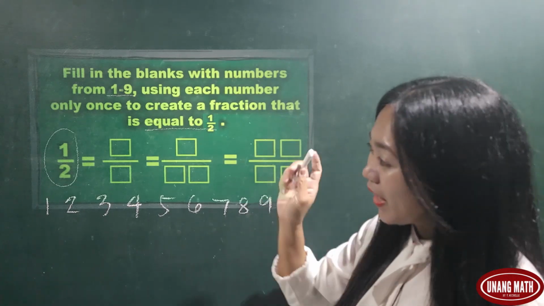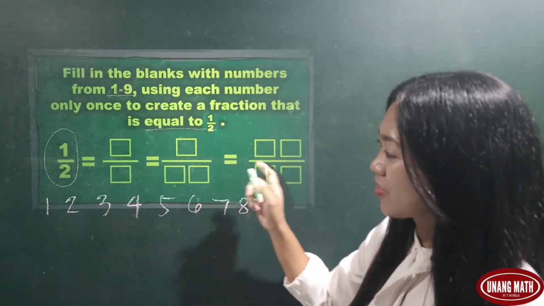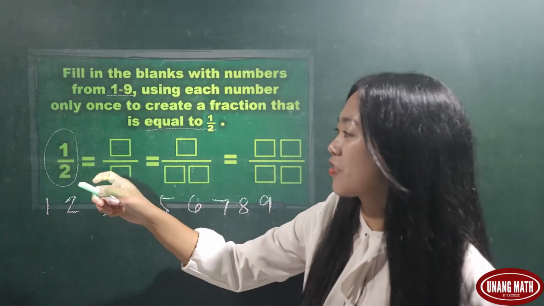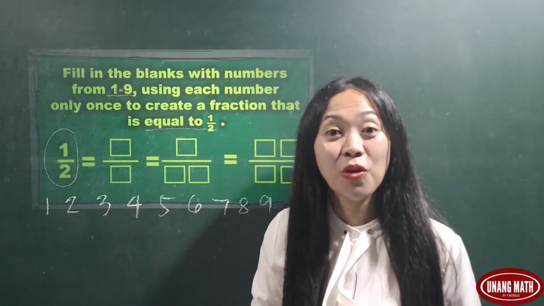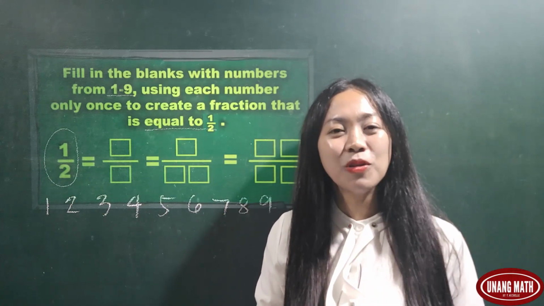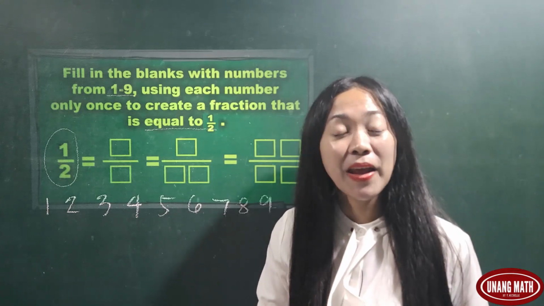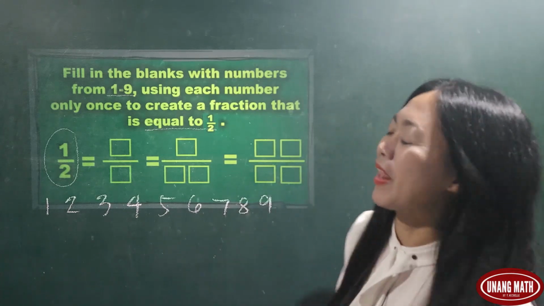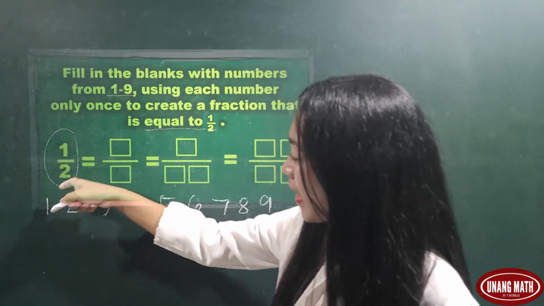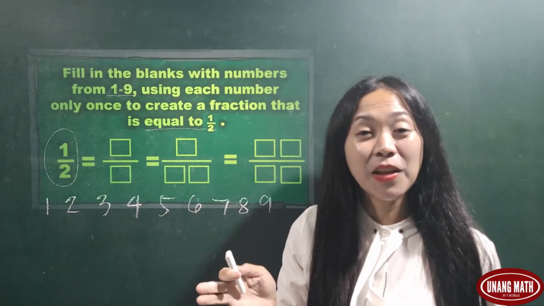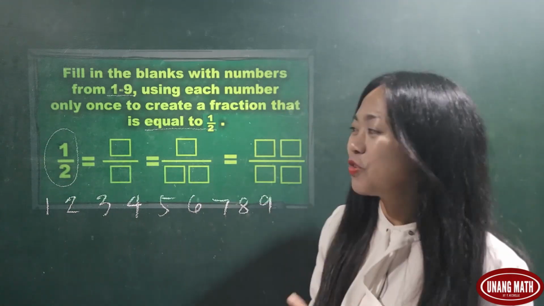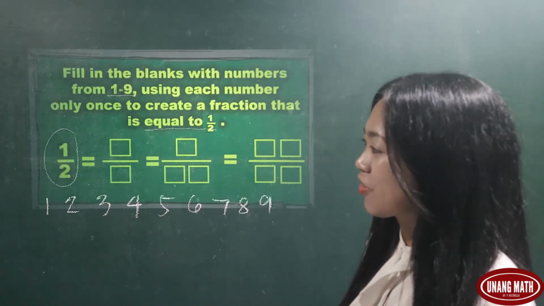Okay, so in finding the equivalent fractions of a given fraction, we can use multiplication or division. So, kailangan lang nating i-multiply or i-divide sa parehong number ang numerator at denominator. But since 1/2 ang ating fraction dito, hindi natin pwedeng gamitin ang division. So, we will use multiplication.